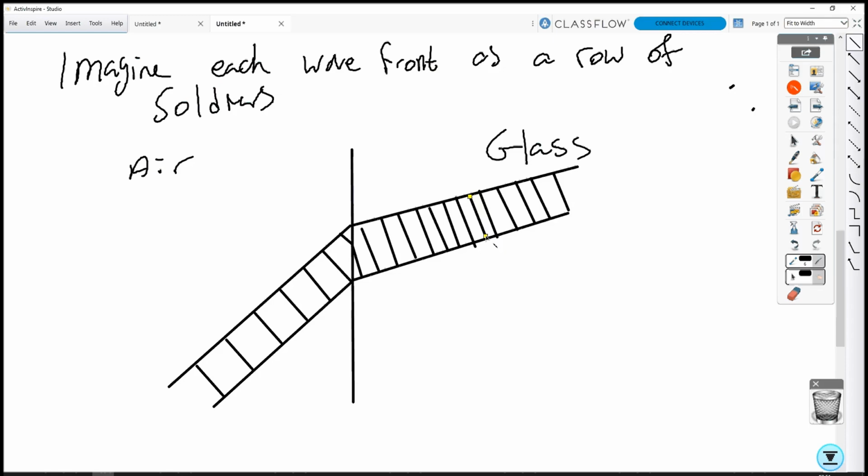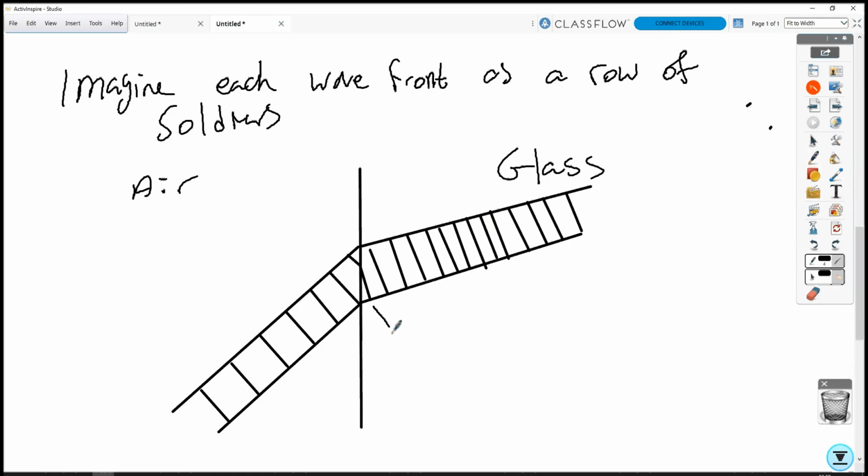So if your left wheel is faster, you will turn to the right. If your right wheel is faster, you will turn to the left. So at this point is where we have a slowing down, causing a change in direction.